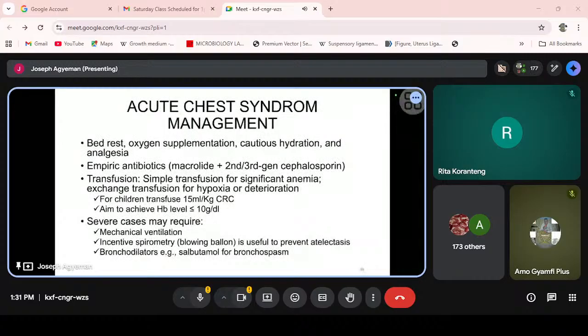Of course, remember that whole blood comes in with plasma. The plasma can precipitate respiratory issues, so balance all this against the respiratory issues. In children, you can transfuse 15 ml of blood per kg body weight. The aim is to increase the hemoglobin levels.